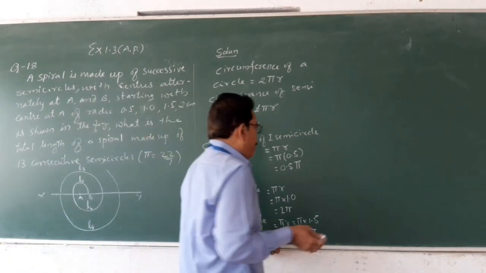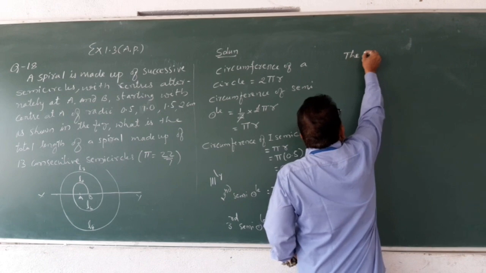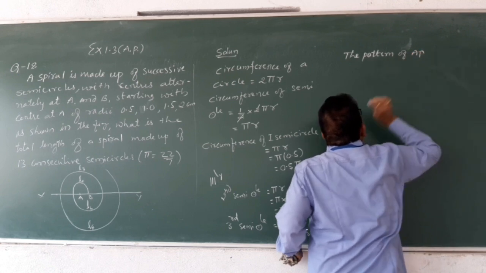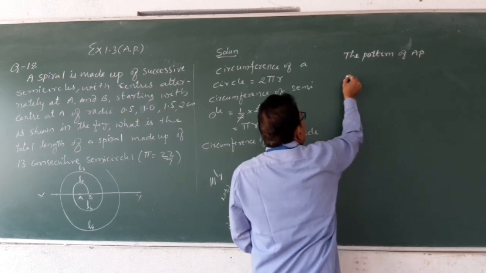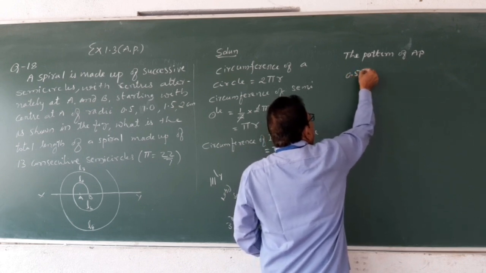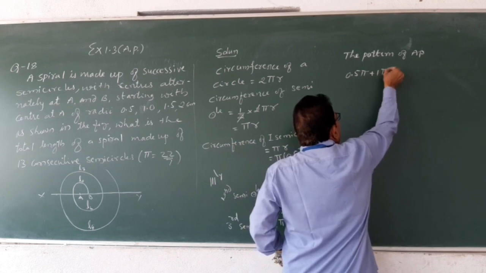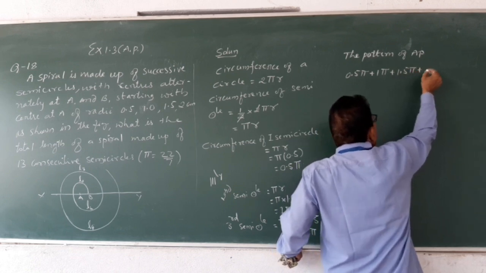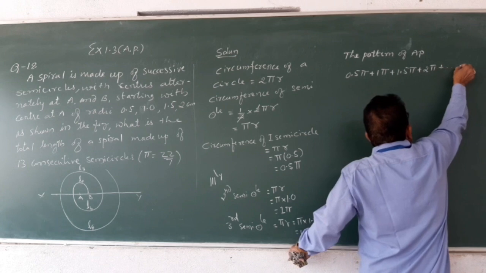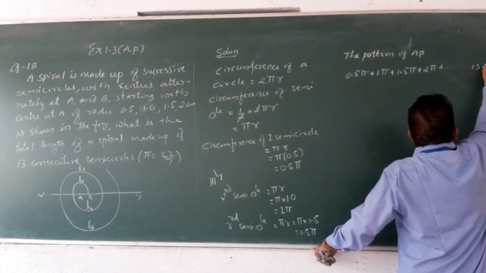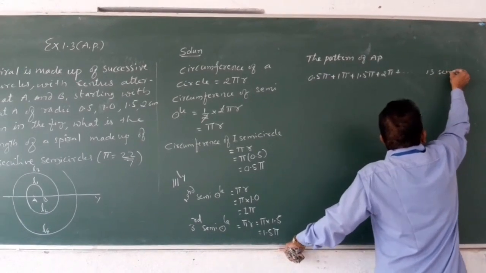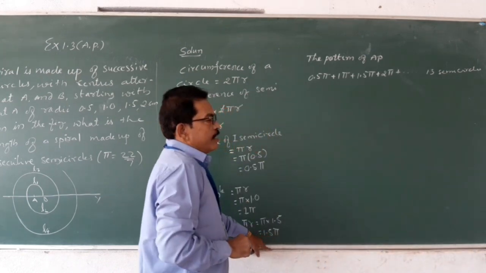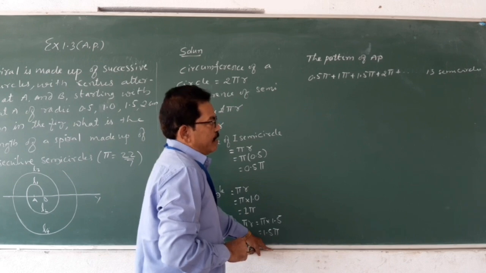See the pattern of AP: 0.5 pi plus 1 pi plus 1.5 pi plus 2 pi plus, up to 13 semicircles.